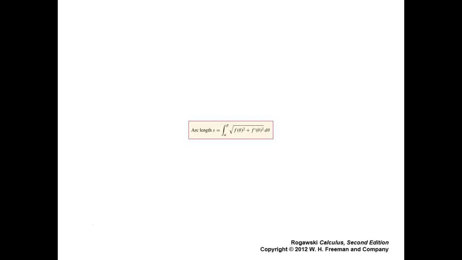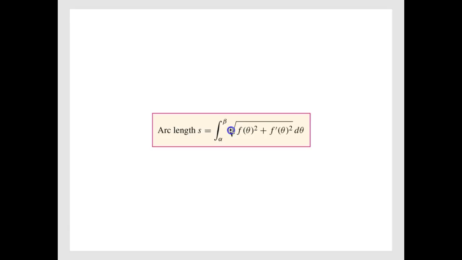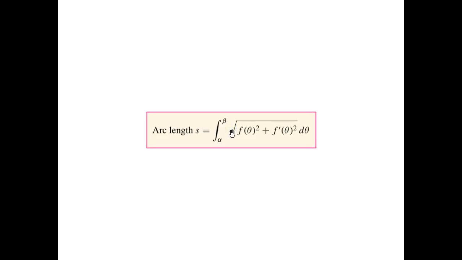Now, first part was area between two curves. Second part was arc length. And there's a part of you that may think, shoot, arc length in polar coordinates should be quite a bit easier than it was in rectangular coordinates, and I'm not going to say that it is or isn't. It looks awfully close to the same to me.